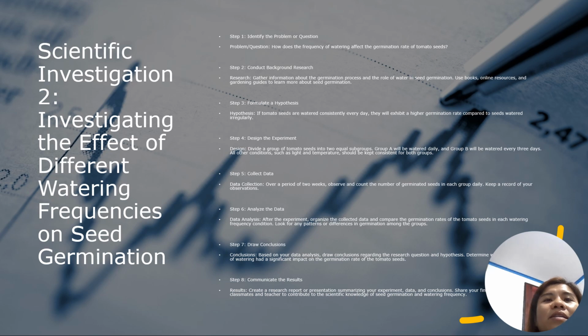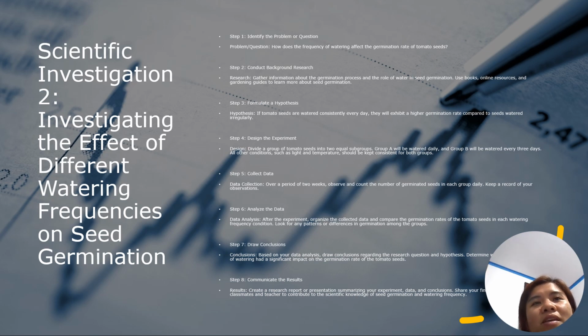Then step 5, collect data. You are going to perform this experiment over a period of 2 weeks. Observe and count the number of germinated seeds in each group daily. Keep a record of your observations.